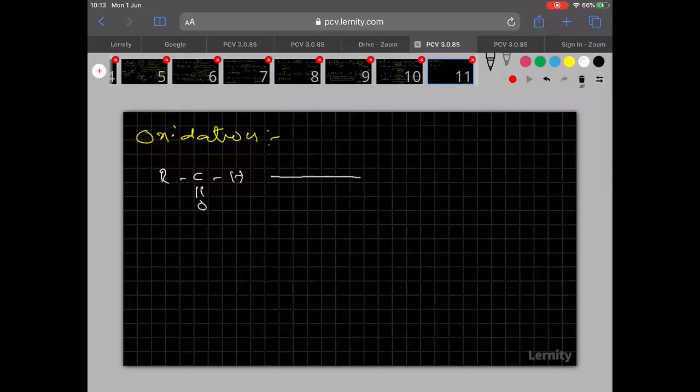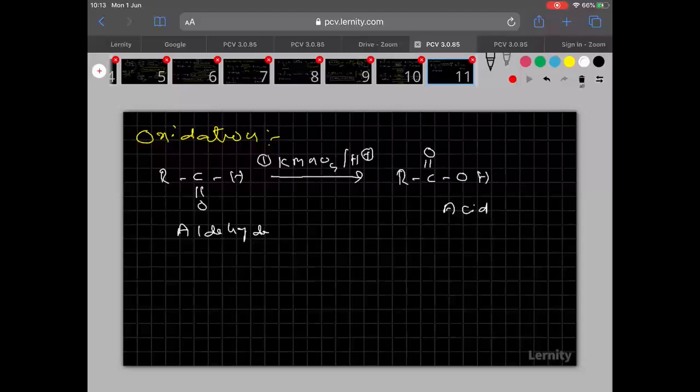Clear? When an aldehyde undergoes oxidation, then remember everyone, an acid is formed, carboxylic acid is formed. So this is the aldehyde. What are the oxidizing agents used? We can use KMnO4 in acidic medium, or else K2Cr2O7 in acidic medium, or one more is there, Tollens reagent. What is Tollens reagent? In this chapter only, at the end we are going to see.